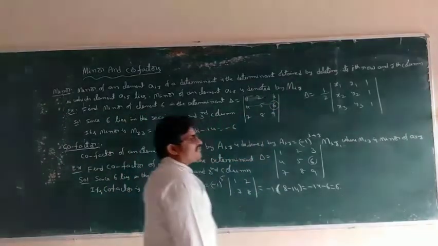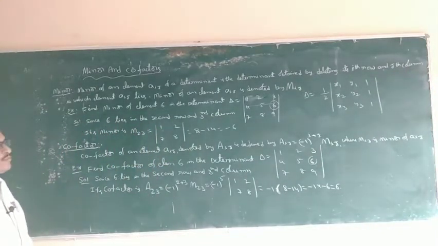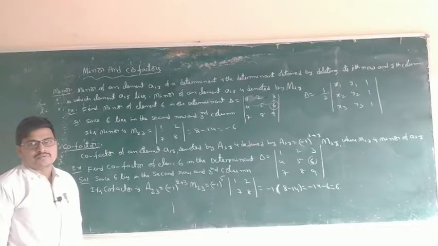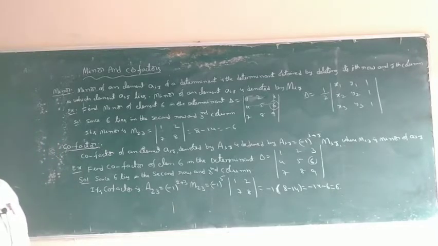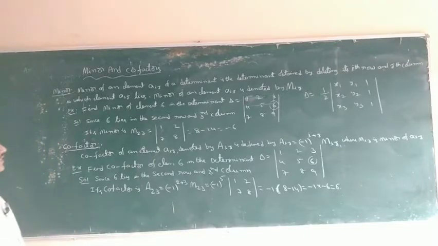The minor of small a11 is equal to capital M11. Capital M is nothing but minor. Minor of 11 means first row, first column element.